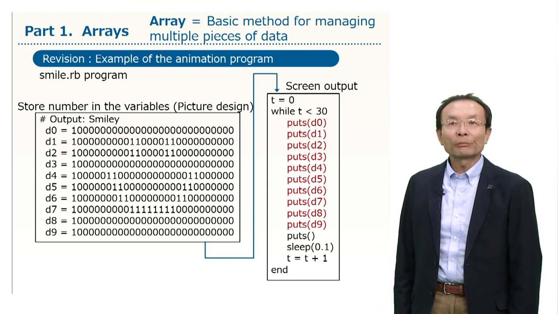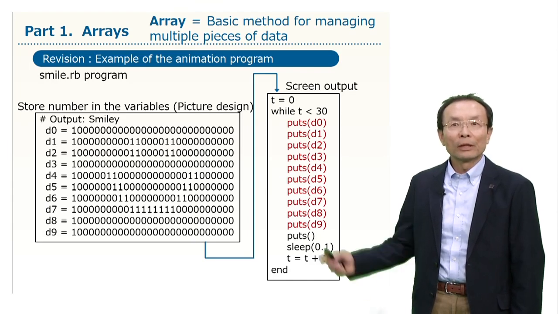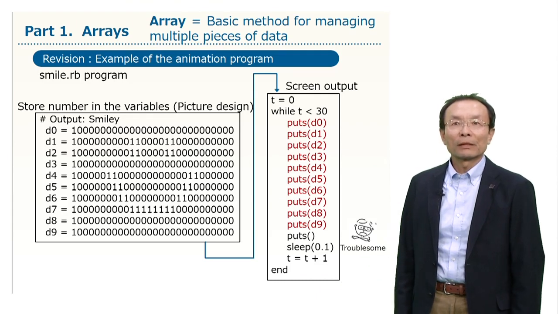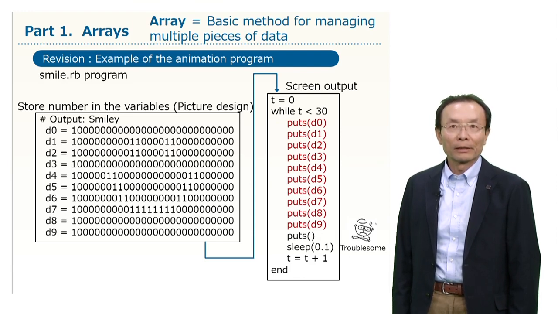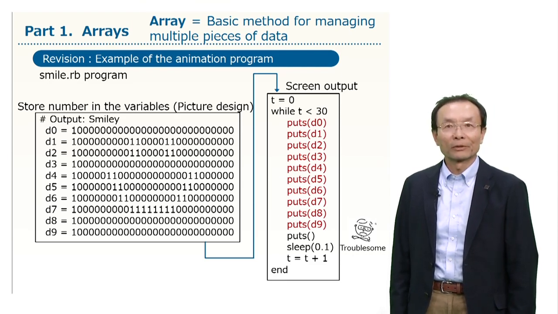Note that for outputting 10 variable values to the screen, we wrote 10 puts commands. Some of you might find it bothersome to write the same puts command over and over again. In this example, we only needed 10 variables, but it would be very annoying to write it over and over again when using 20 or 30 variables.